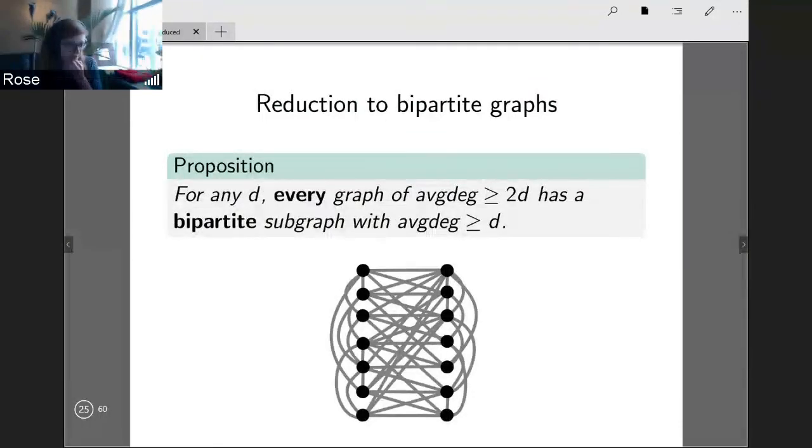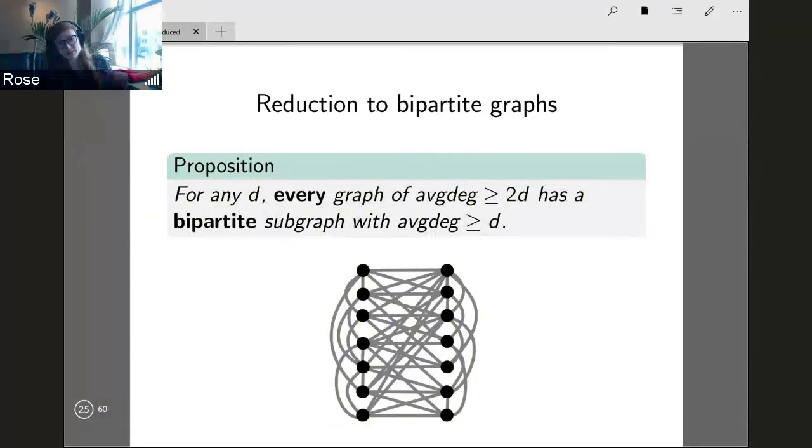Okay, so first let's start with what is known, and that is that for both of these problems you can reduce them to the case of bipartite graphs. So it's an easy proposition. I think that we actually did this in Jing's graph theory course that I took at Georgia Tech. It says that for any d, every graph of average degree at least 2d has a bipartite subgraph of average degree at least d.